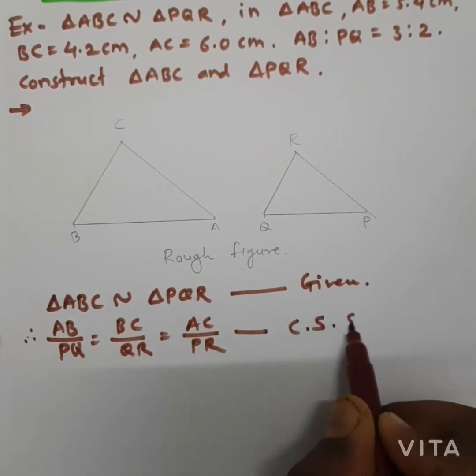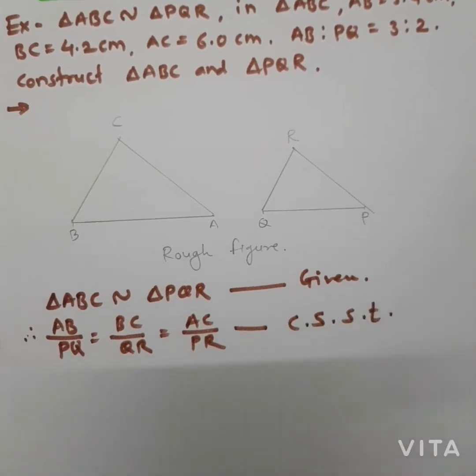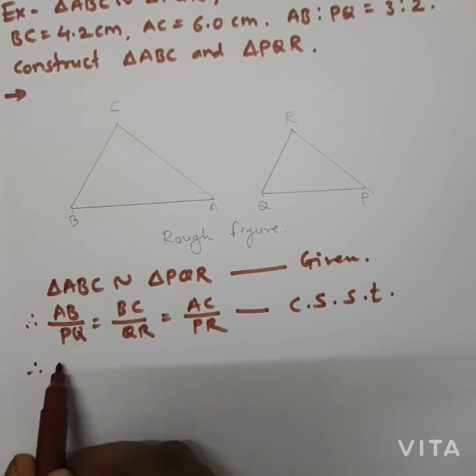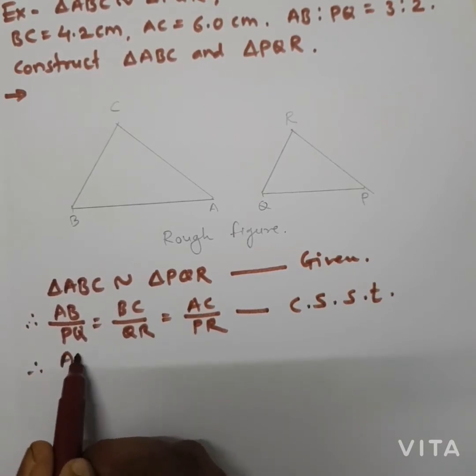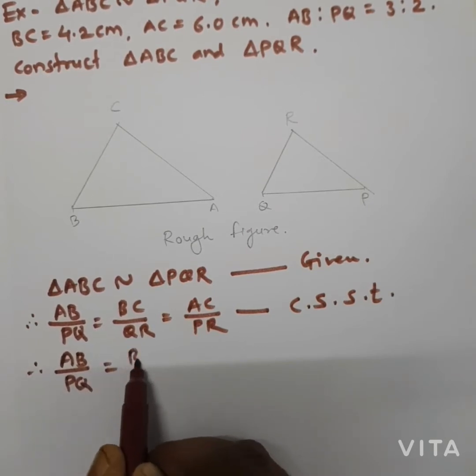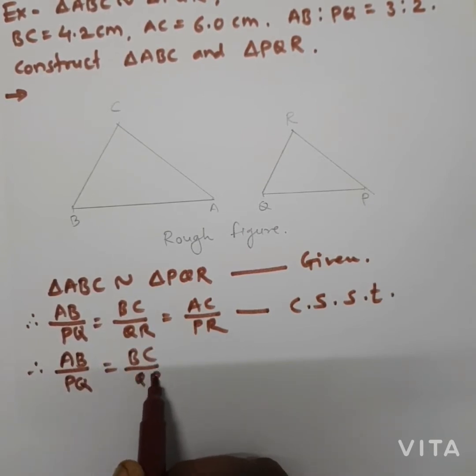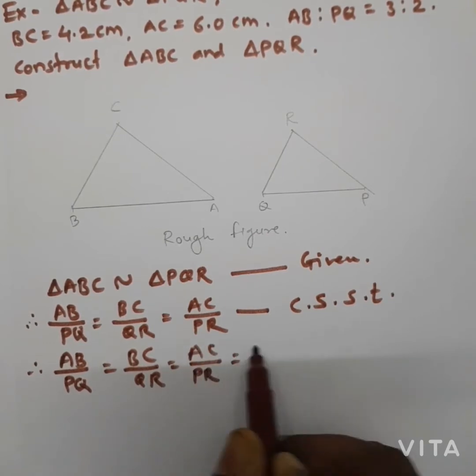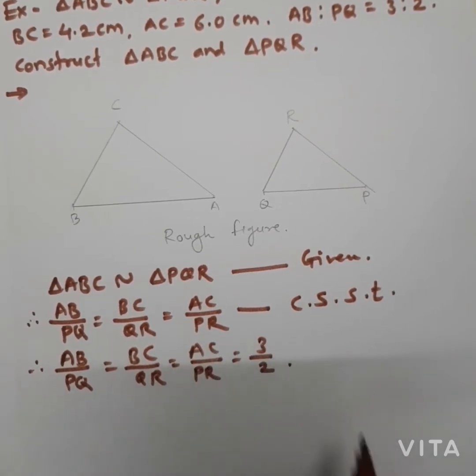Corresponding sides of similar triangles are in proportion, and this proportion is given as 3/2. So AB upon PQ is equal to BC upon QR is equal to AC upon PR is equal to 3/2.